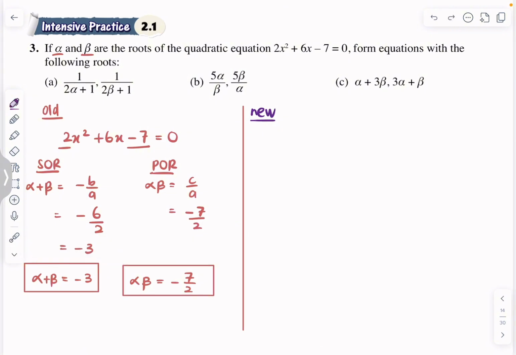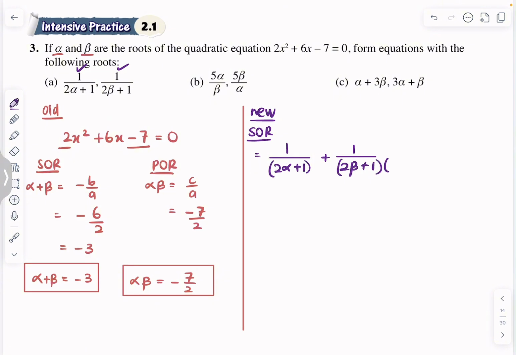Okay, so now let's look at our new roots. So these are our roots. Let's find the new sum of roots first. So sum of roots will be 1 over 2 alpha plus 1, plus 1 over 2 beta plus 1. So the denominator is not the same. What we can do is make it the same. So we cross multiply.